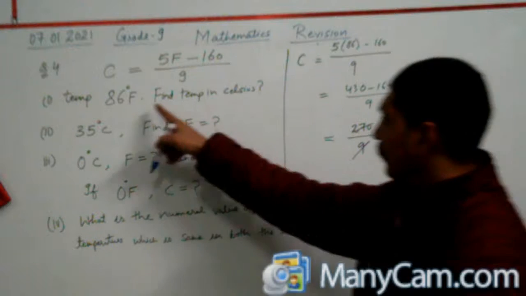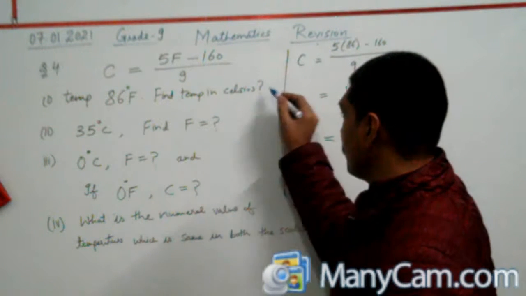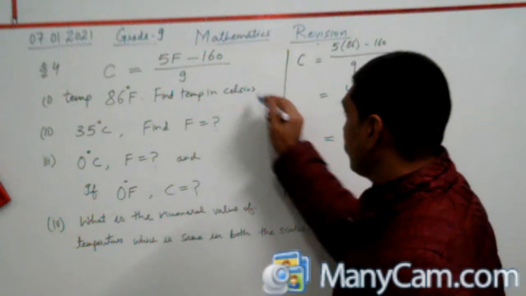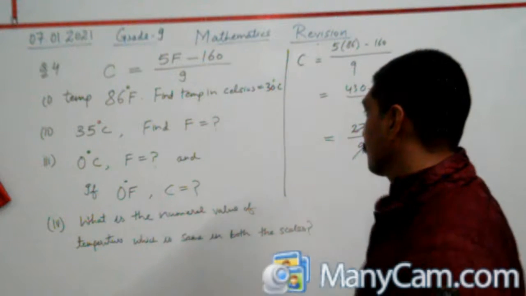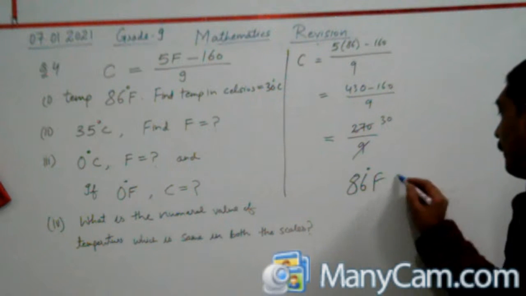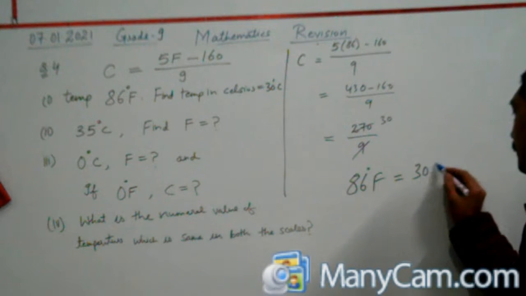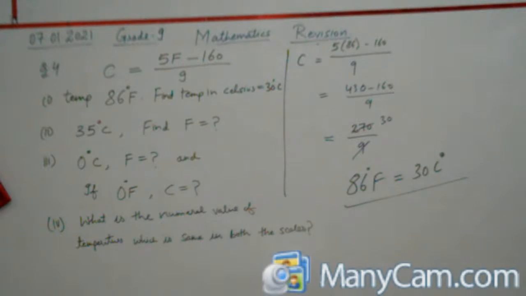So when the temperature is 86 degrees Fahrenheit, in Celsius scale the temperature is 30 degrees Celsius. 86 degrees Fahrenheit is equal to 30 degrees centigrade or Celsius, right?